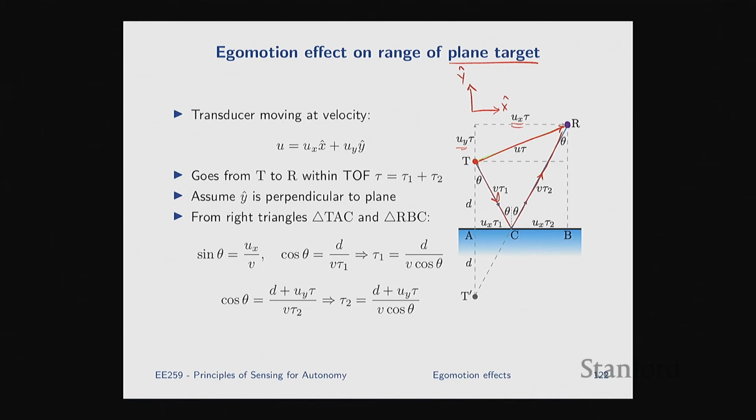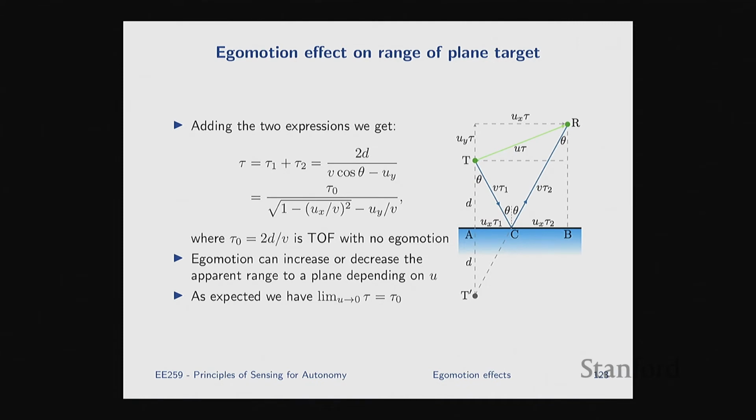If the platform was stationary, it would stay just at this point. What it would measure in terms of the range to the target would be d, right? D is this distance, so it would just hit the wall and come back, and your sensor would be at the same place, so it would measure d. Now, because it is moving, it's going to measure a different range and a different time of flight. You can exactly solve for that, and again, I'll let you read the math because it's pure geometry, but for the case of a plane target, it comes to this: the time of flight that you measure, where tau 0 is the time of flight with no ego motion, so if your transducer was stationary.